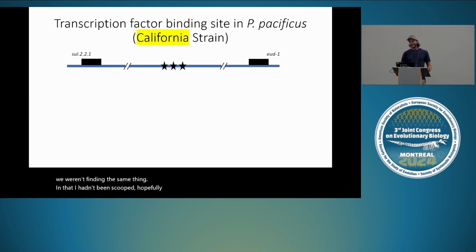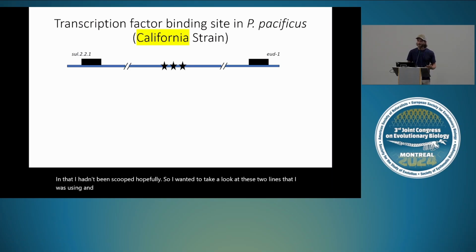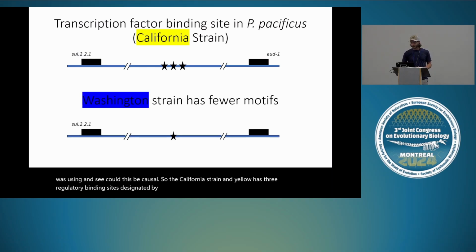So I wanted to take a look at these two lines that I was using and see, could this be causal? So the California strain in yellow has 3 regulatory binding sites designated by stars. And it turns out that, yes, the Washington strain has fewer, with just a single regulatory binding site. But that's not causal, just showing that there are differences.